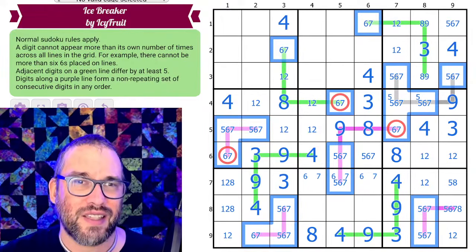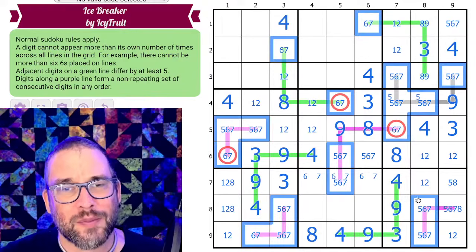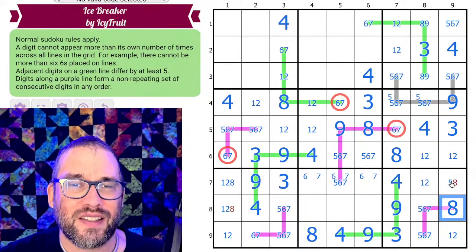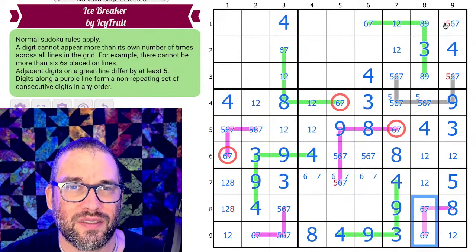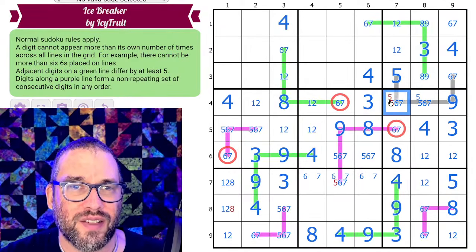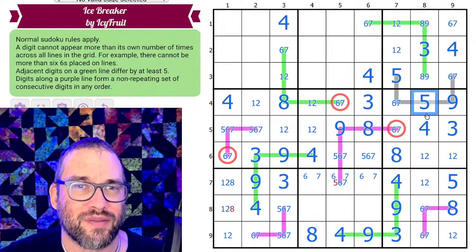So yes, this is 18. That's all we get. So that is an 8 and a 5. That's a 5. That's a 5.